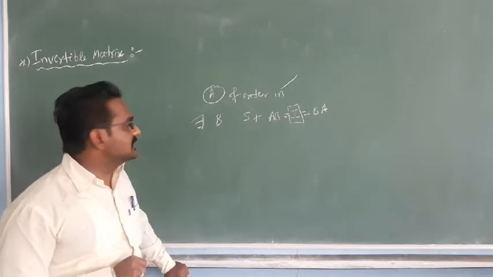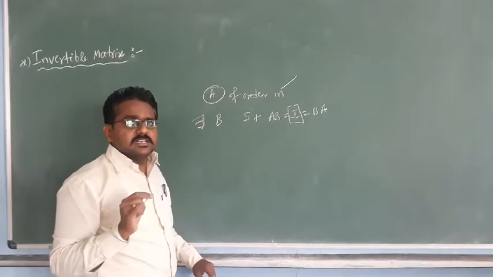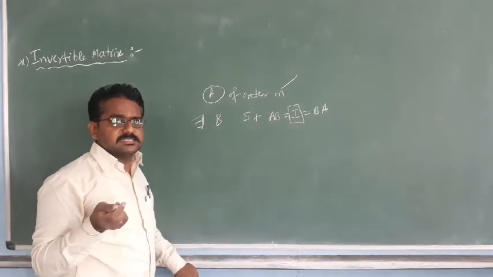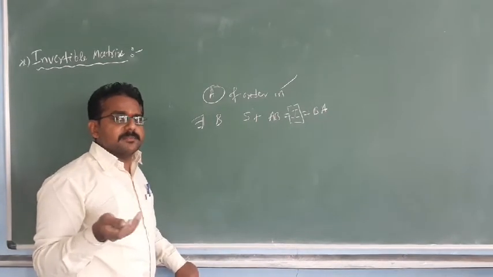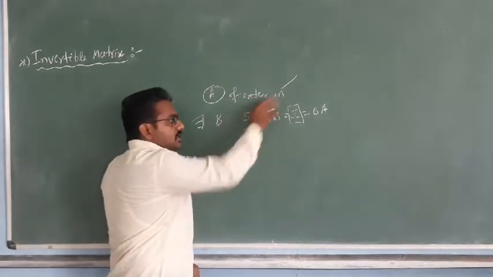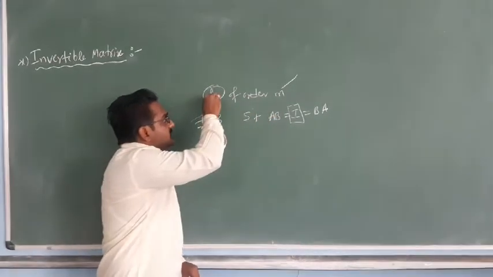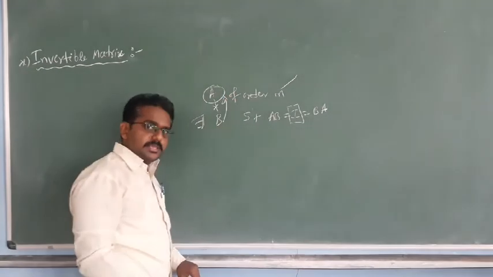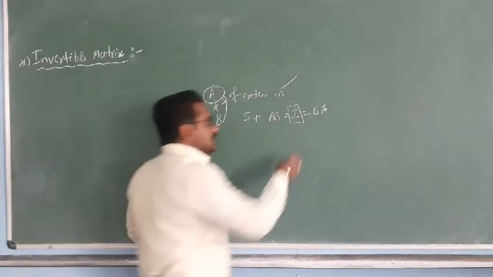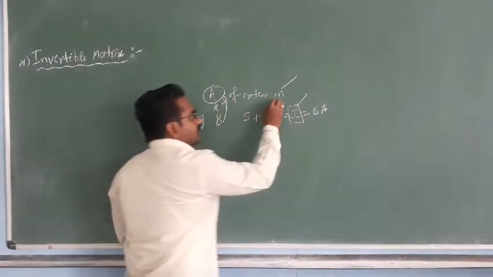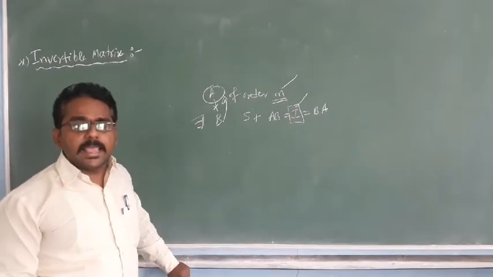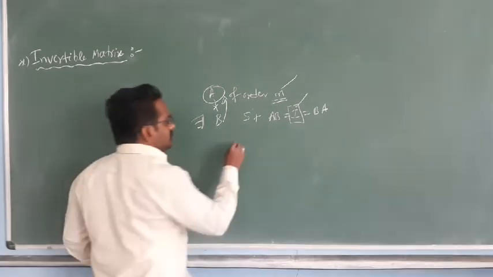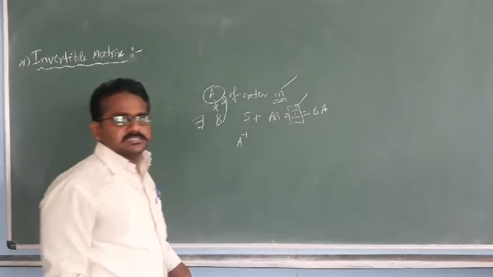Okay, what is the definition, students? If A is a square matrix of order m, and there is another matrix B of order m, such that both the products AB and BA give the identity matrix of order m, then we say B is the inverse of the matrix A, which is denoted by A inverse.